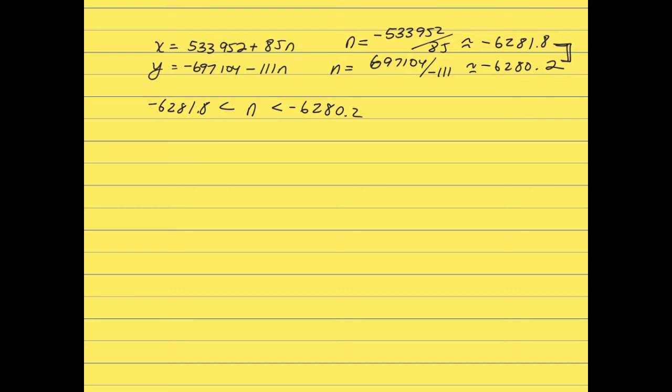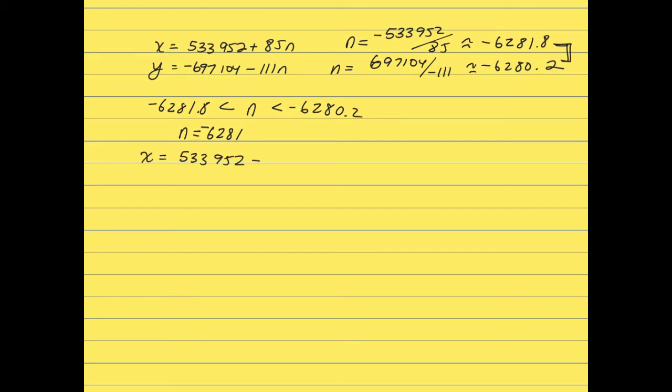And what are the whole numbers between those? Well, there's only one of them, and it's n equals negative 6281. So we plug n equals negative 6281 into both of those equations.